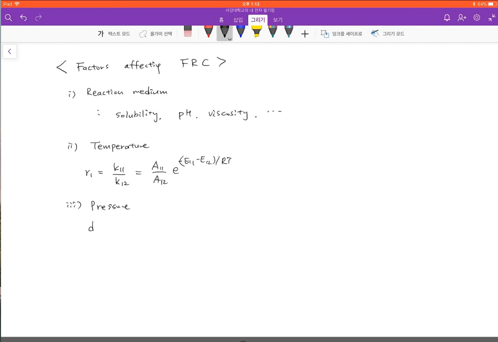Thirdly, pressure can also affect the copolymerization. Although we have not learned about it, the pressure dependence of R1 is given in this equation, where V is volume. But these two, temperature and pressure, have very small effect only.